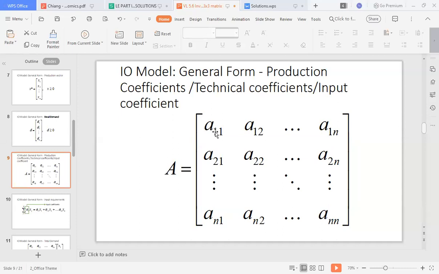If the coefficient is zero, that would mean that that industry does not use any input from a particular industry.